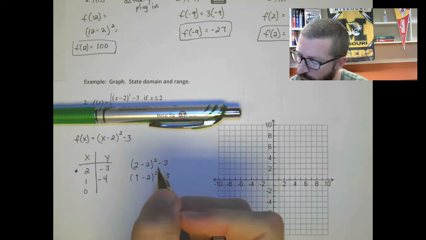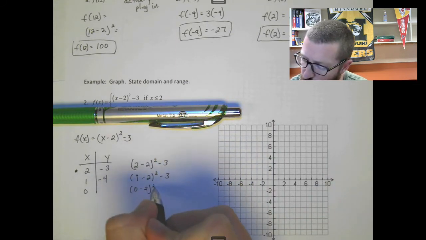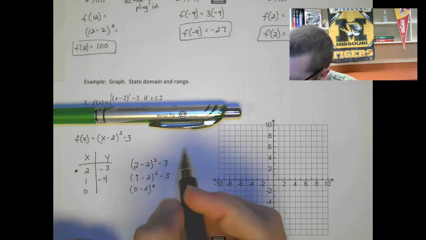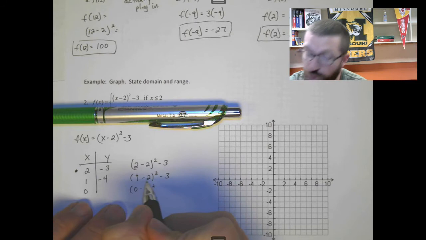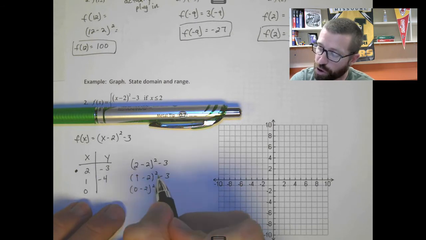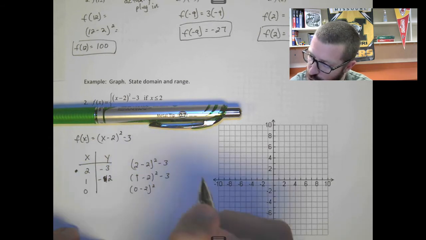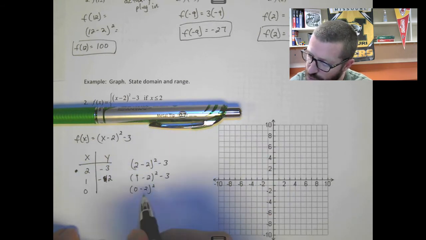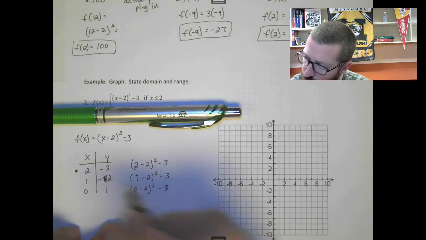And when I plug in 0, I get 0 minus 2 squared. Oh, let's see, I squared my negative wrong. 0 minus 2 is negative 2, squared is positive 4. Minus 3 is just 1.